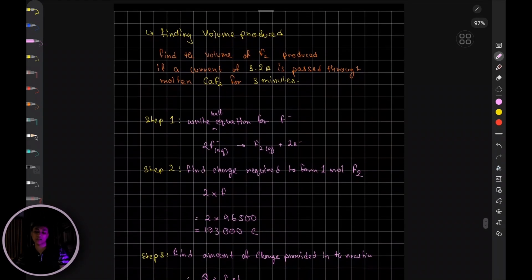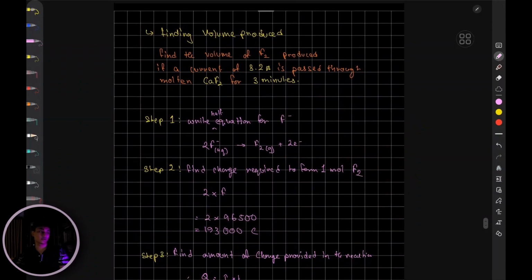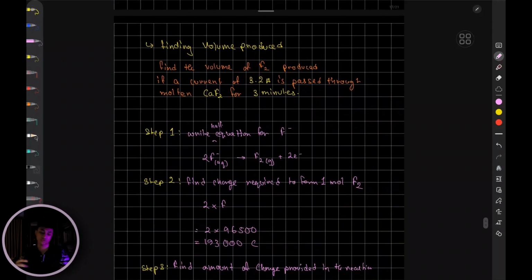So now in case of volume, if we carry on with the same question, because in case of calcium fluoride, molten or not doesn't matter, because even if it was aqueous, fluorine gas would still be evolved at the anode, right?